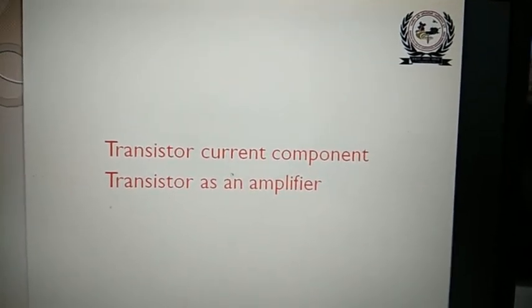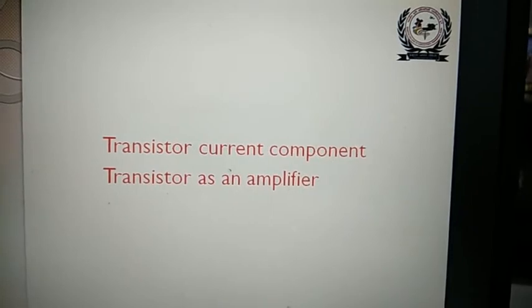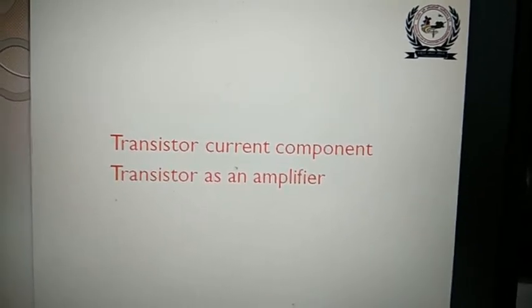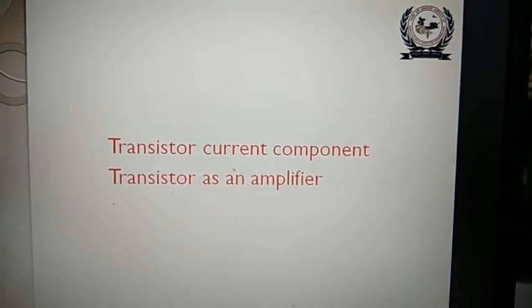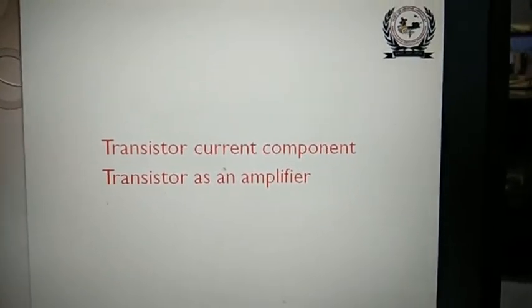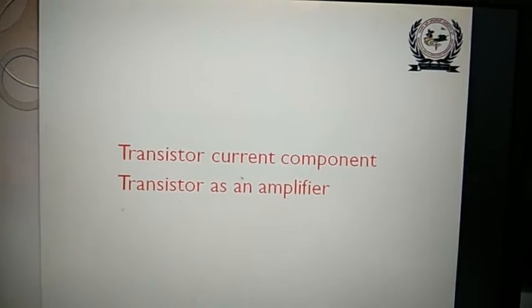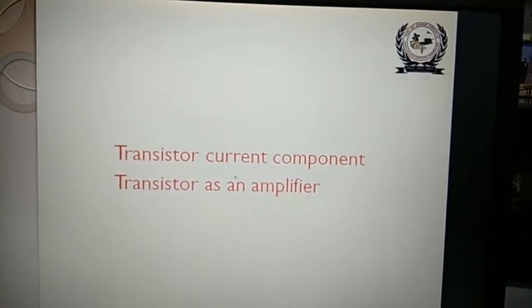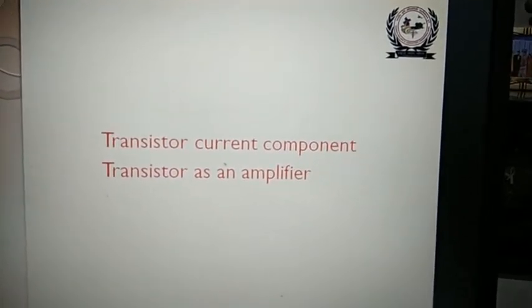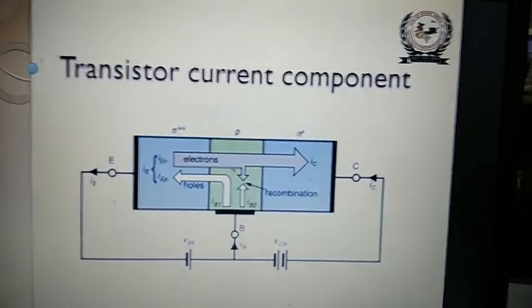The main purpose of the transistor is to amplify low level signals. So we use the transistor as an amplifier in the active region, that is, base to emitter junction forward bias and base to collector junction reverse bias.